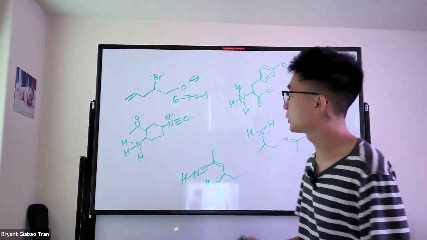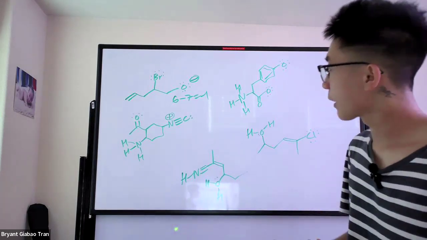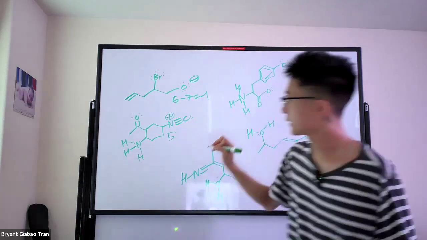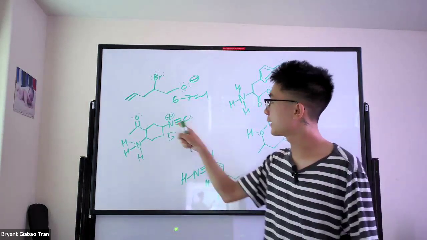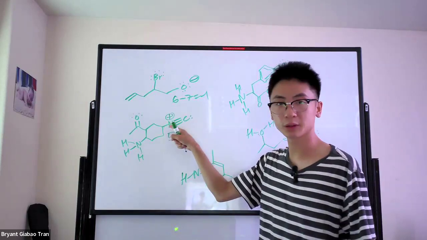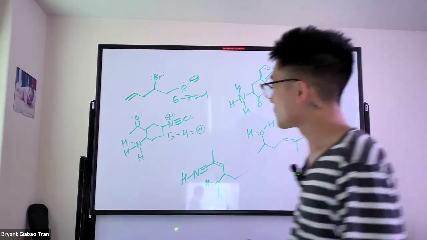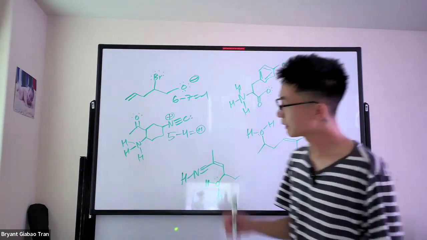What column is it on the periodic table? 5. Yeah. So it wants 5 electrons to itself, but it has 1, 2, 3, 4 electrons to itself. 5 minus 4. For some reason, I always assume that nitrogen has a lone pair. So that's why I thought it was a plus.